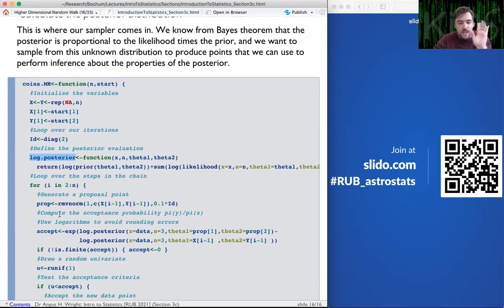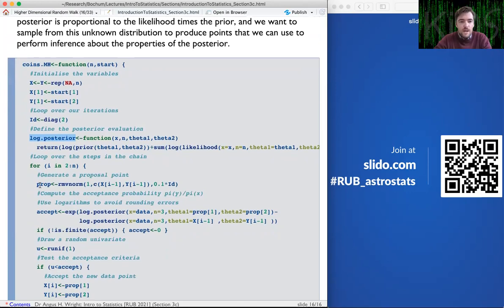And then we just proceed in exactly the same way we did before. We have some proposal function. Here I've created a proposal function that's a multivariate Gaussian, so it's symmetric, and so I can make this simplifying definition of the acceptance function. And then I just evaluate my posterior at the proposed value and at the current value.